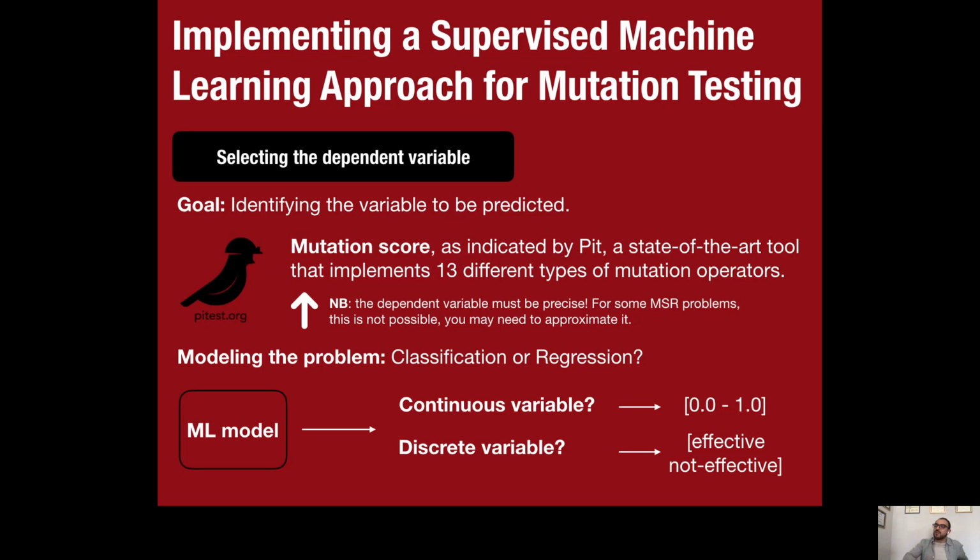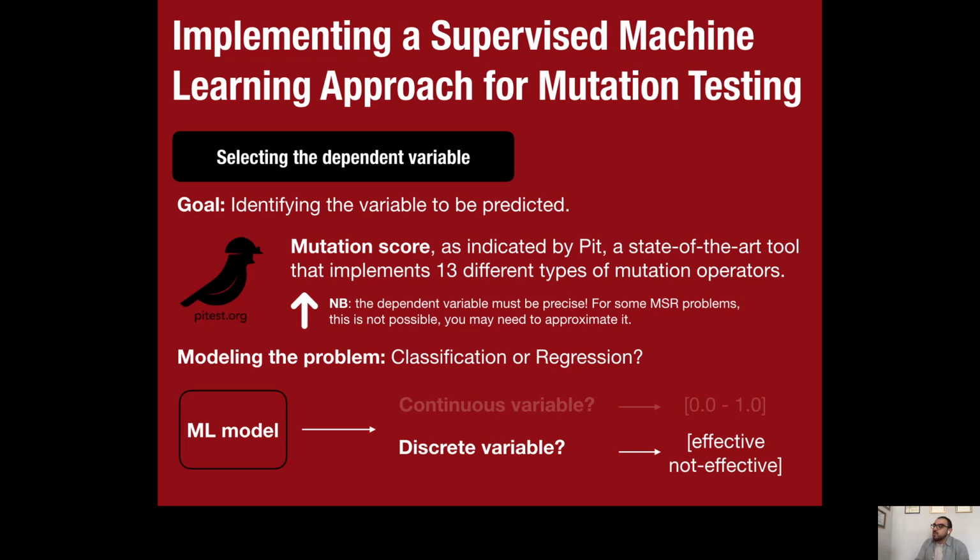If you want to predict a continuous variable, which is in this case the pure mutation score, which is between 0 and 1, or whether you want to predict a discrete variable. That means that you discretize the continuous values in order to model the problem as a classification, so to classify whether a test is effective or not in our case.